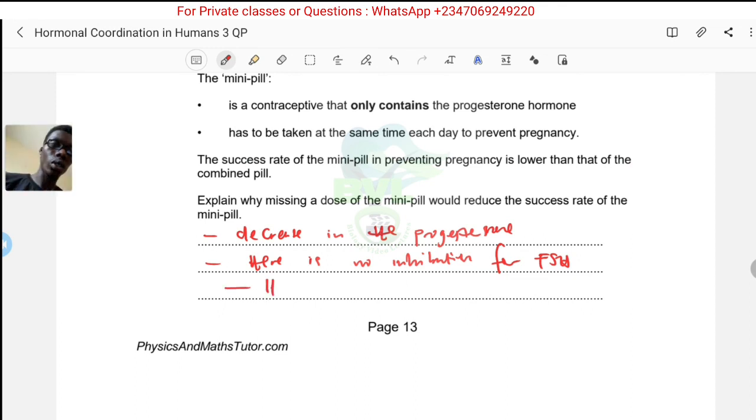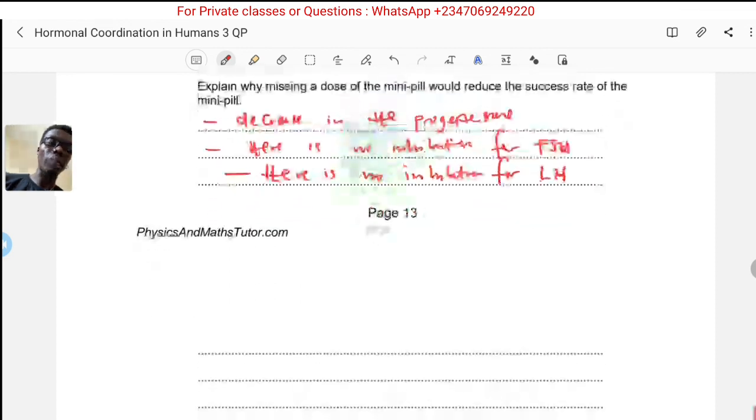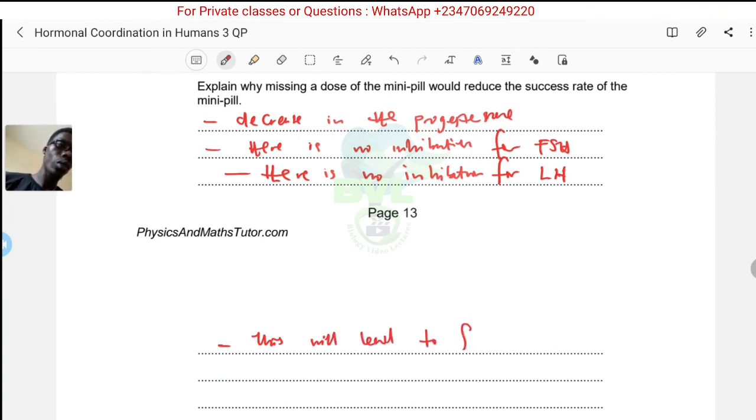Also, there is no inhibition for LH. LH is luteinizing hormone. So with all of these things in place, what happens is this. This will lead to formation of eggs.